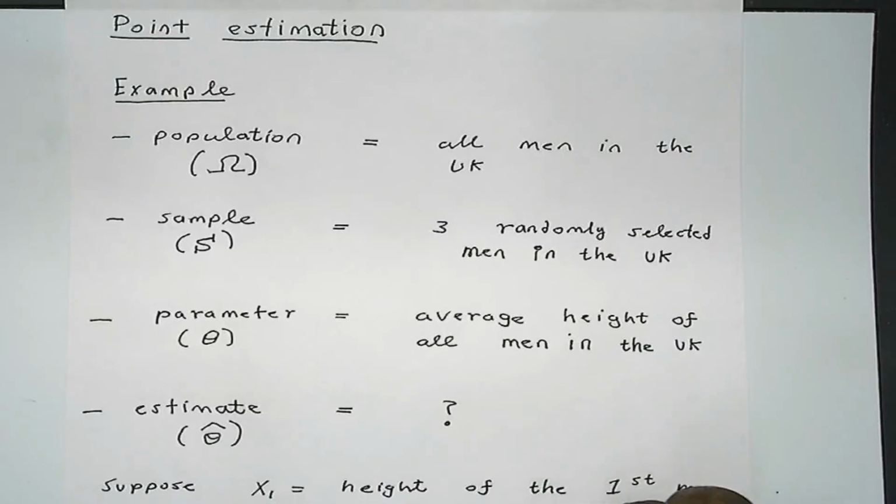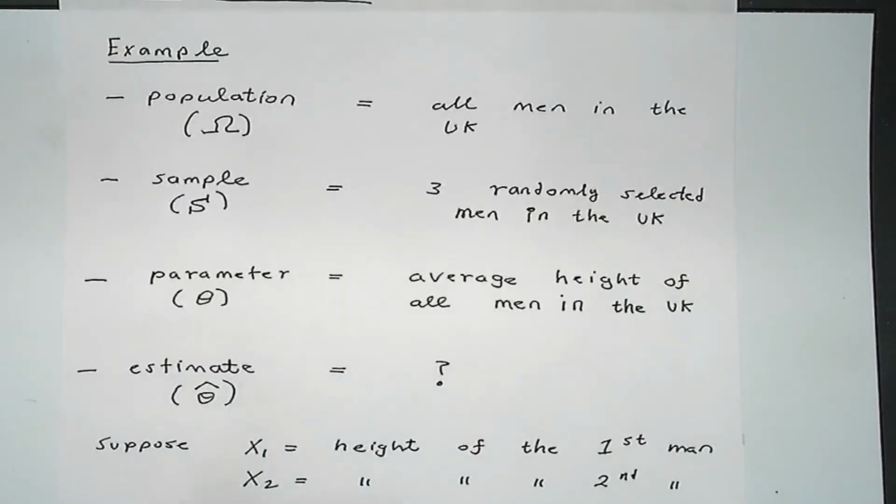Okay. And suppose x2 is the height of the second man we selected, and suppose x3 is the height of the third man. Okay. Now, using these 3 data points, how can we estimate theta? So that's the question mark I have put.